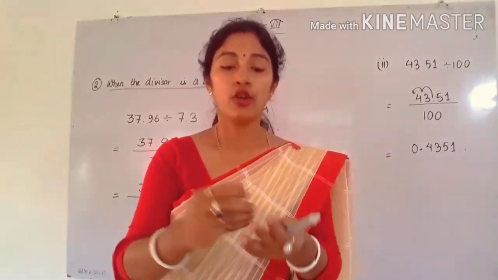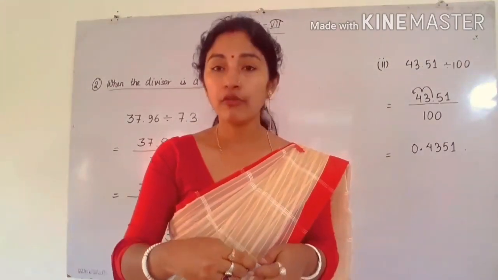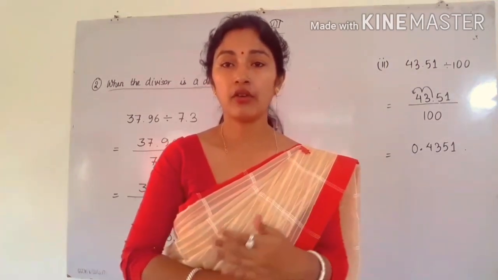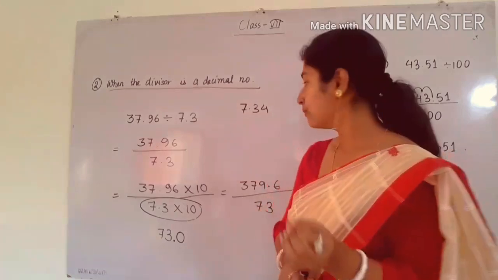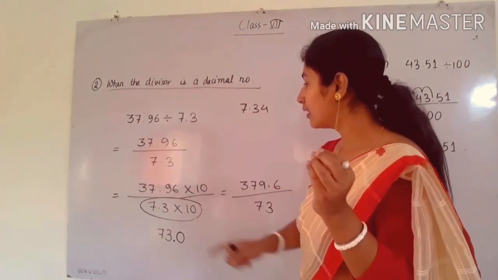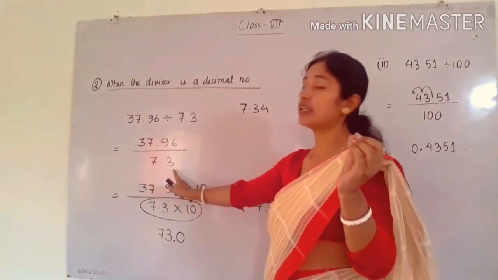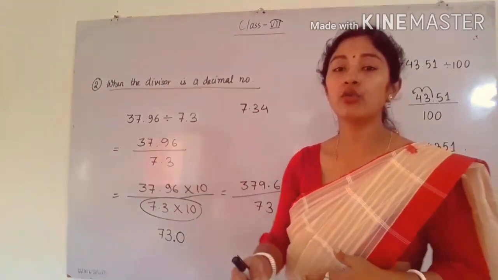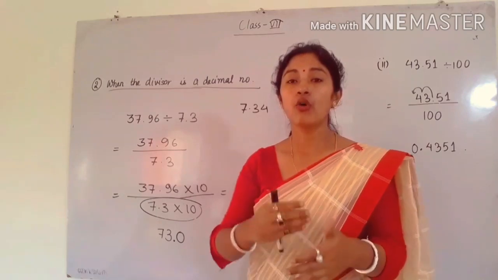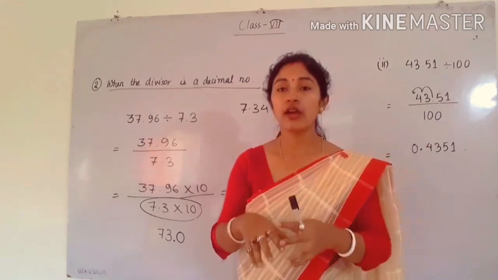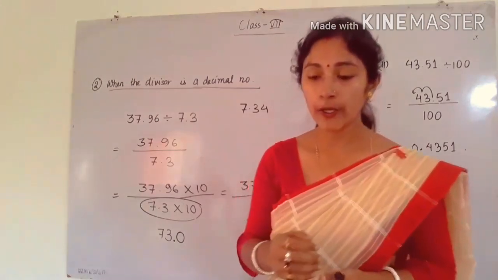So why do we do it casually? We have to do it in a stepwise manner. Just analyze that here the denominator is a decimal number, so you have to convert it into a whole number. Which number do you have to multiply by to convert it? So analyze before doing.